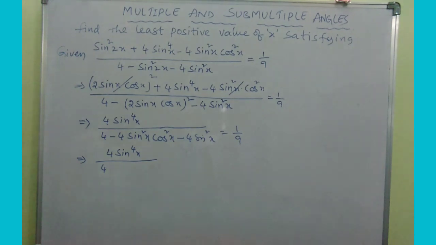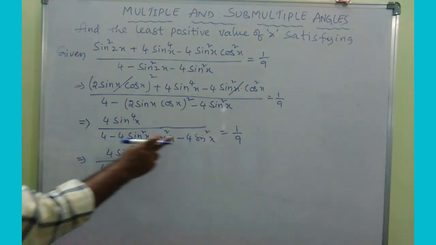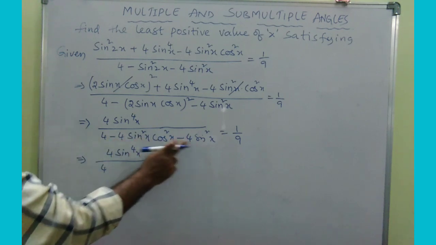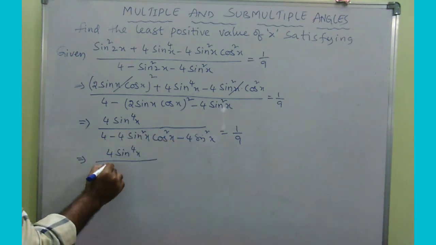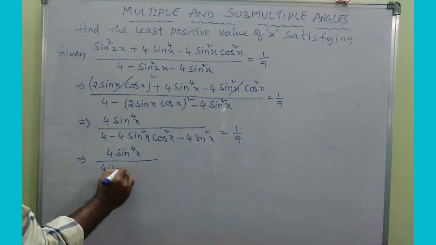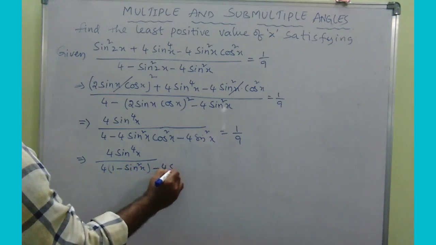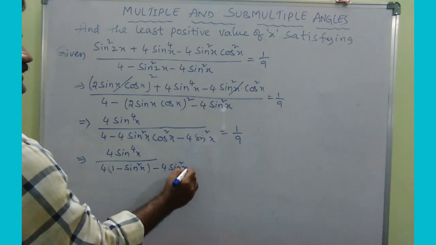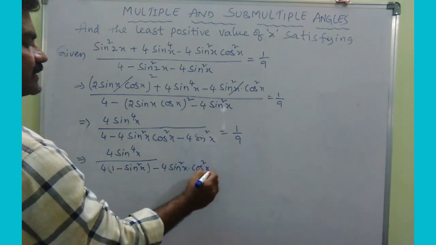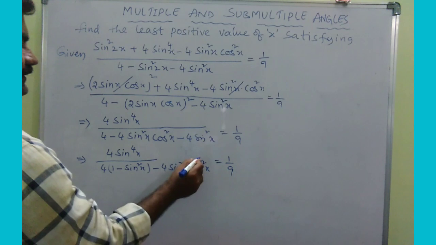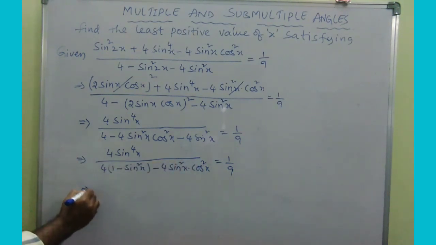Do one thing, from first and last, better if you take 4 common, then this is 1 minus sine square x minus 4 sine square x into cos square x, which is equal to 1 by 9. Okay.